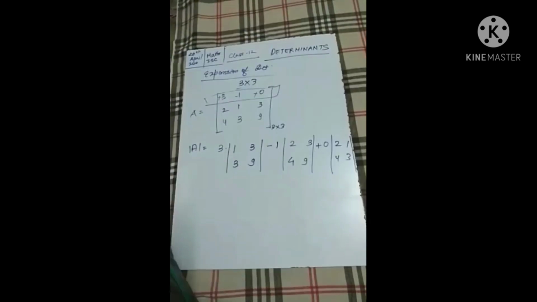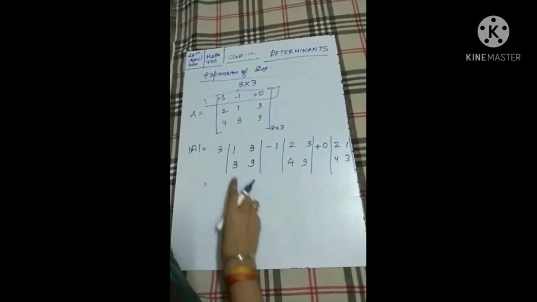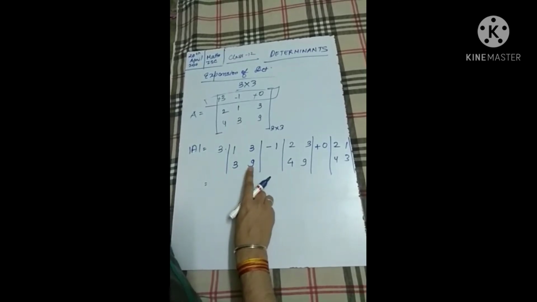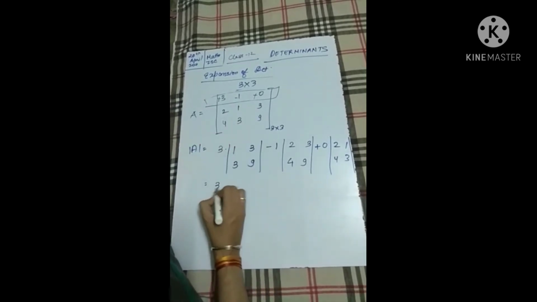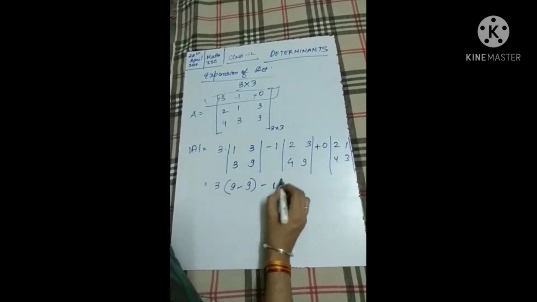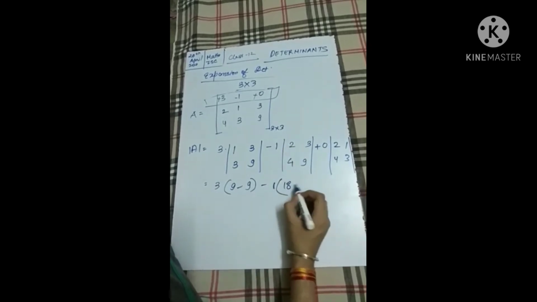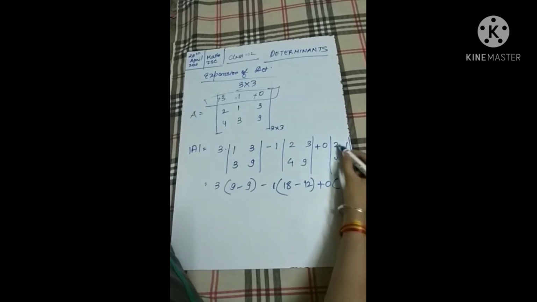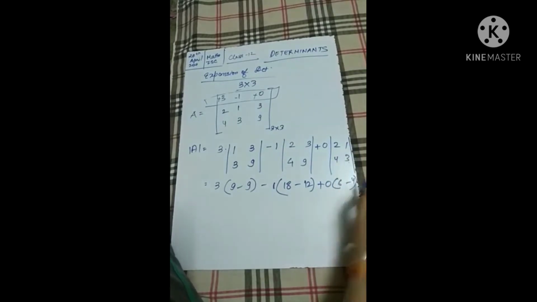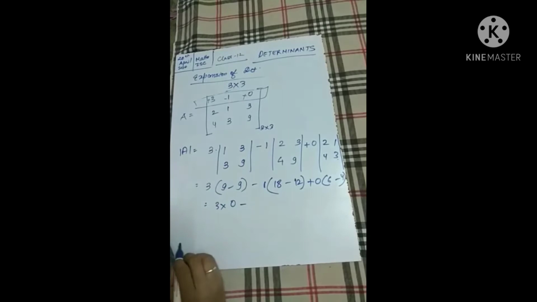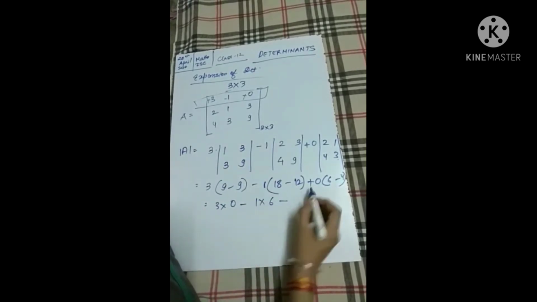Okay, so let us find the value of this one. Now in the previous video, we have seen how to expand this 2 cross 2 determinant. Let us follow the same. 3 times 9 ones are 9, minus 3 threes are 9, minus 1 bracket, 9 twos are 18, 4 threes are 12, plus 0 times 3 twos are 6, minus 4 ones are 4. 3 into this will give you 0. 18 minus 12 is 6, plus 0.